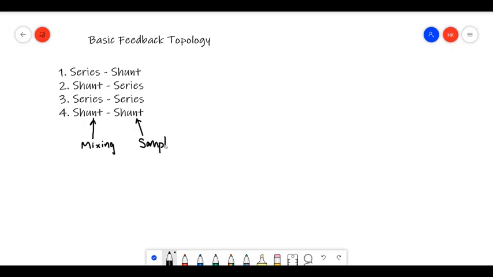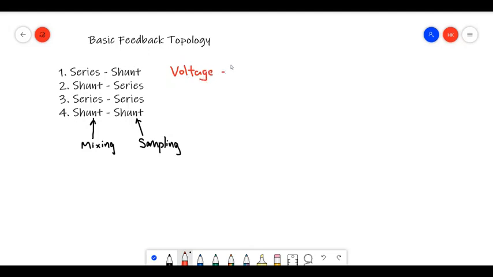So in the first amplifier we mix in series and sample in parallel, right? You know that what we mix in series is voltage. So here we mix the voltage, so the input is a voltage, and we sample in parallel.